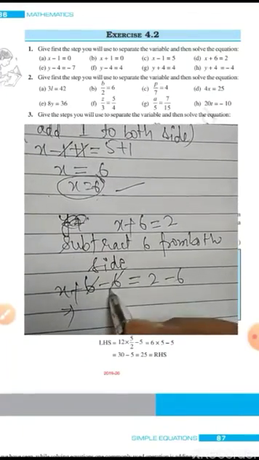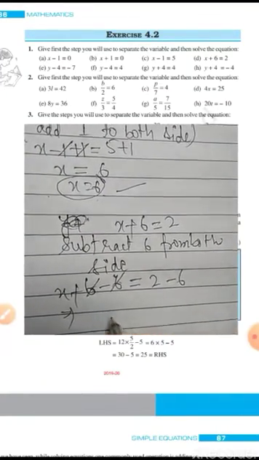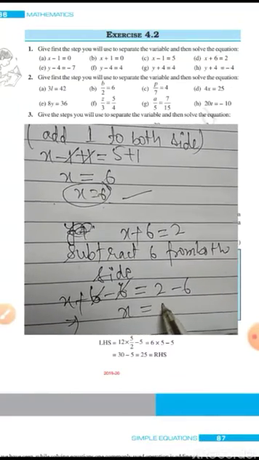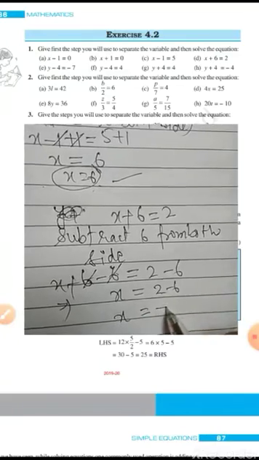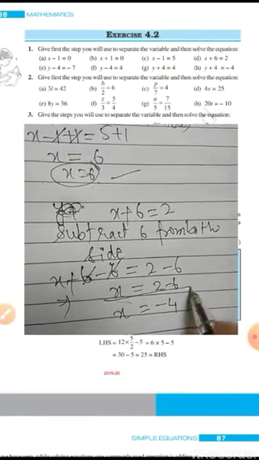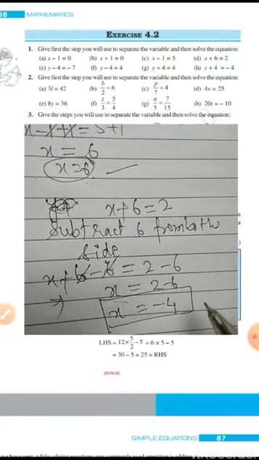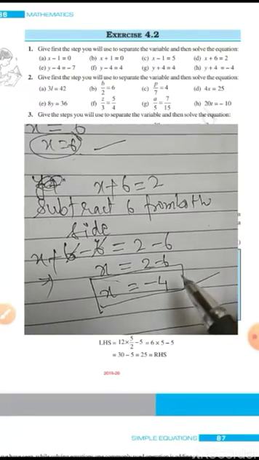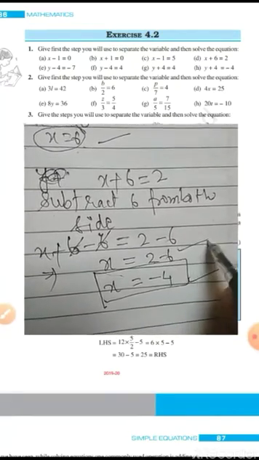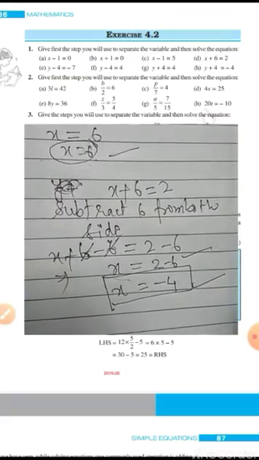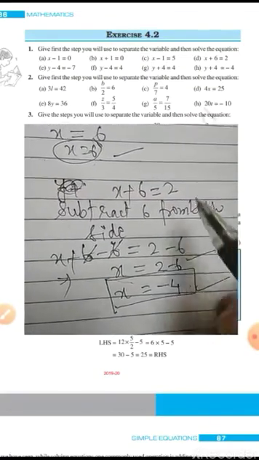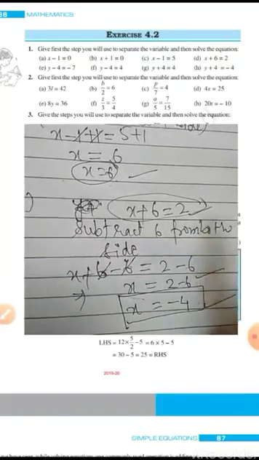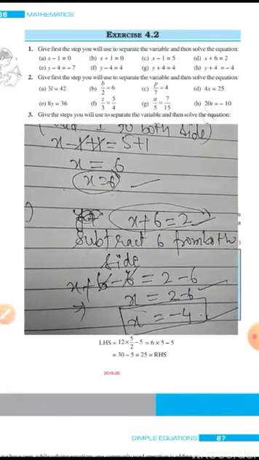Here it will cancel. x is equal to what? 2 minus 6 is equal to what? Minus 4. In class 6th you have learned addition and subtraction of integers by number line or algebra, simple addition and subtraction. So x is equal to minus 4 is the solution of this equation.